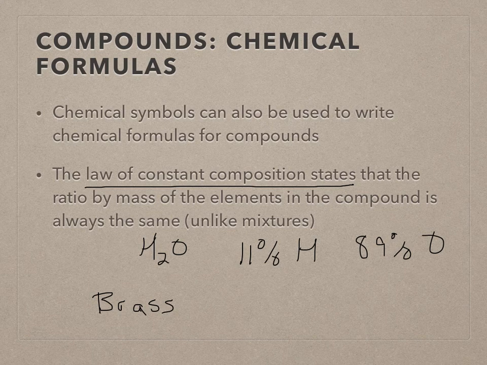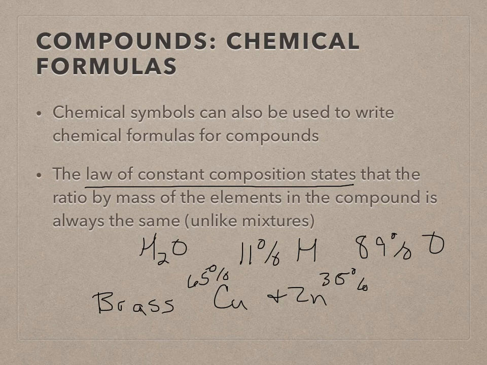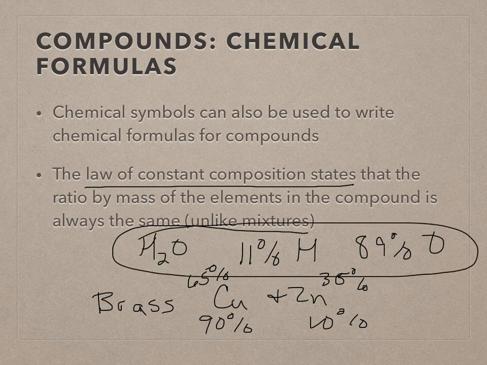I think brass is copper and zinc, and they can have different amounts of those. Maybe one time you have 65% copper and 35% zinc, but you can make another version that's 90% copper and 10% zinc. Those are not compounds, those are mixtures, even though they look the same everywhere. So the law of constant composition simply says that all compounds will have the same composition all the time, no matter where you get them.